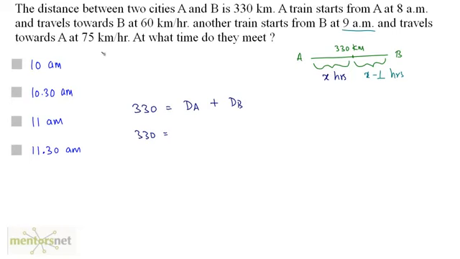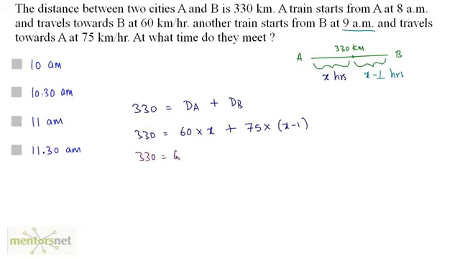The train which starts from A travels towards B at 60 kilometers per hour, so it is 60 times x, plus the train B travels towards A at 75 kilometers per hour, so 75 times x minus 1. Now you can solve this and get the time in which they meet.